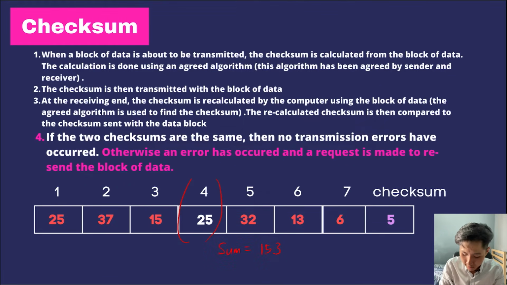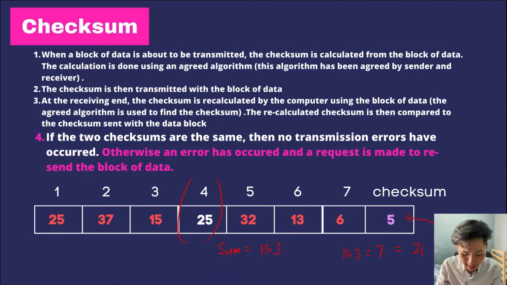Our algorithm is to divide this sum by 7, and we'll have 21 with a remainder of 6. Since we use this as our checksum value, when they compare it with the checksum value attached, immediately the receiving computer will realize that an error has occurred. So that's the essence of checksum.